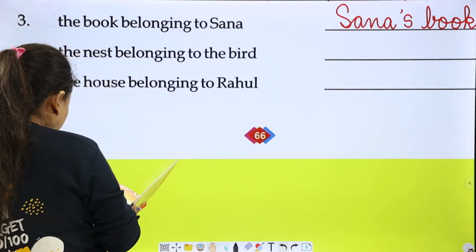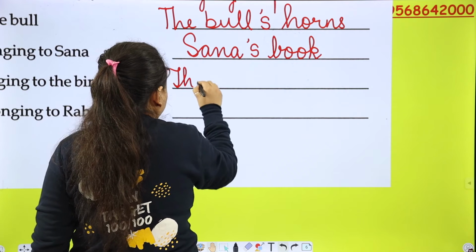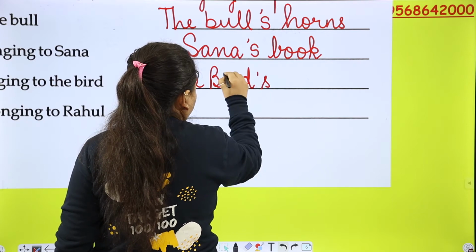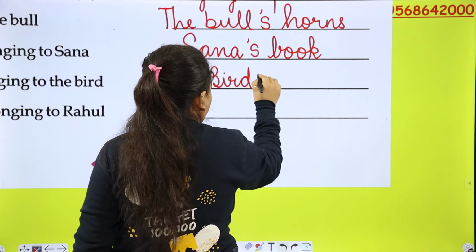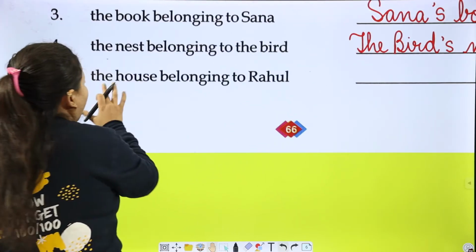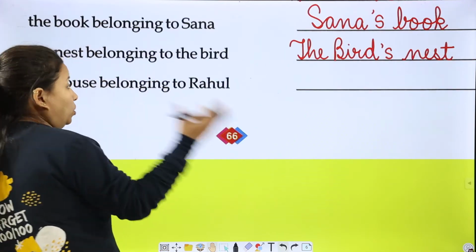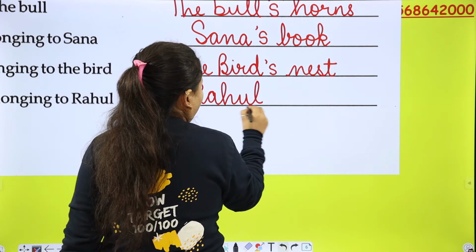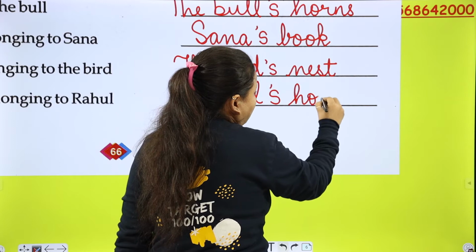Next is the nest belonging to the bird, the bird's nest. Next is the house belonging to Rahul. Rahul is a singular noun, so apostrophe S and house, Rahul's house.